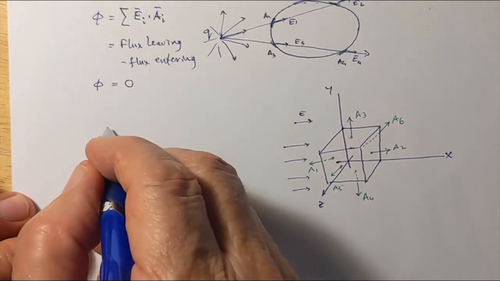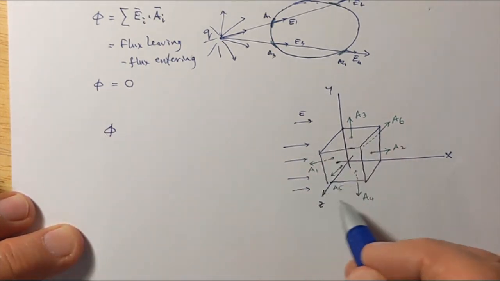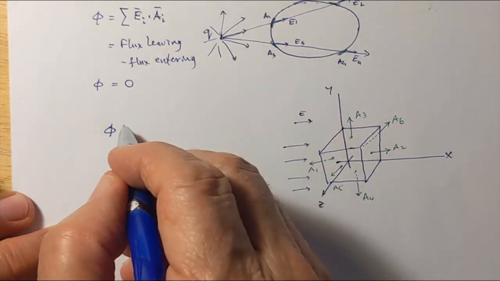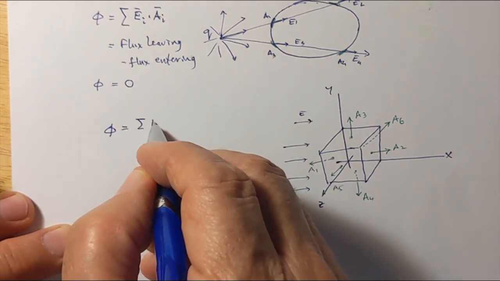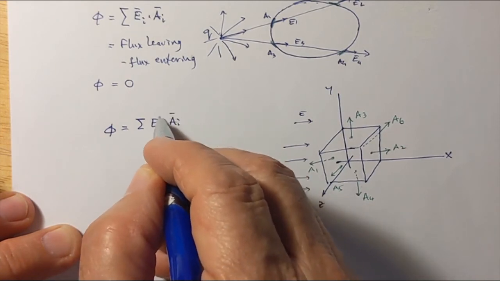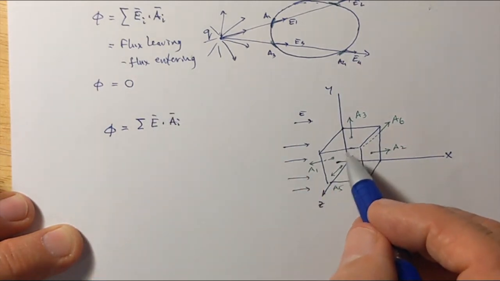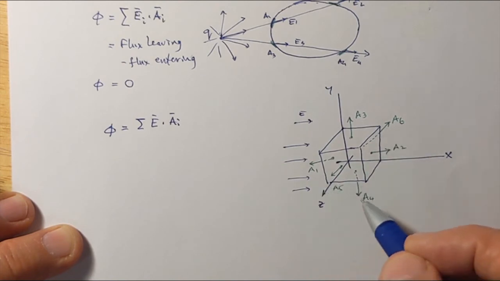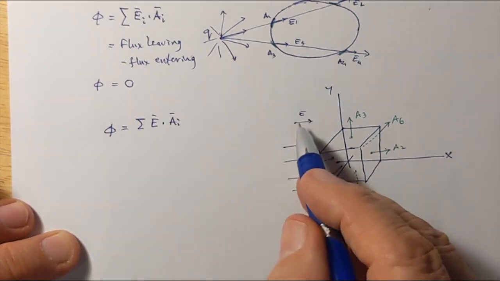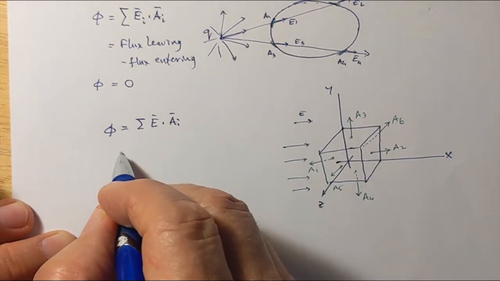Then the flux through this closed surface is going to be equal to the sum of the E dot Ai. So it's going to be E dot A1, E dot A2, E dot A3, 4, 5, and 6. And E is the same for all cases because it's a uniform field.